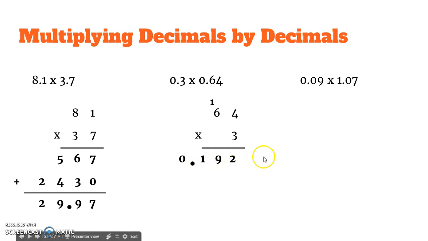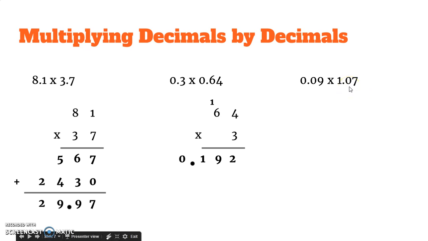Okay. Finally, if we look at our third example on this one, again here we've got a number that starts out with a 0, a decimal, and then another 0. The only number that I'm worried about in this problem is the 9. This factor has 1 and 7 hundredths, right?